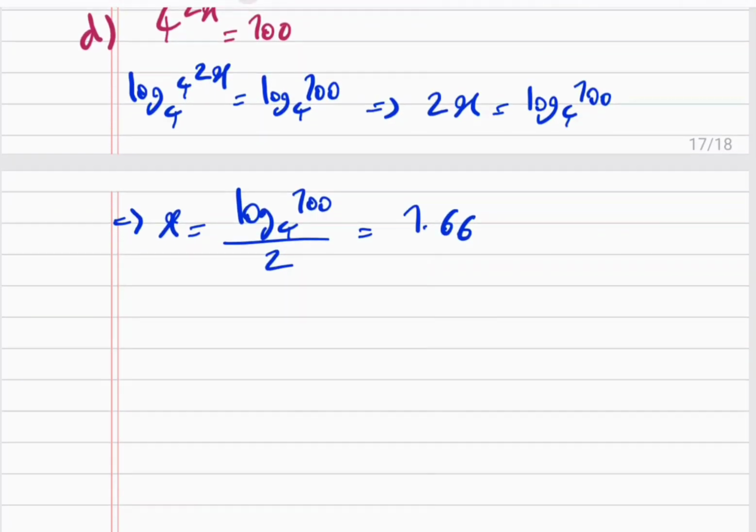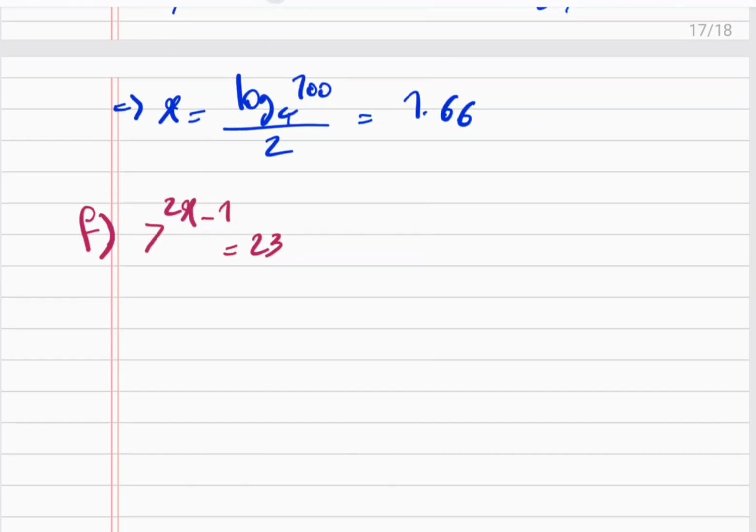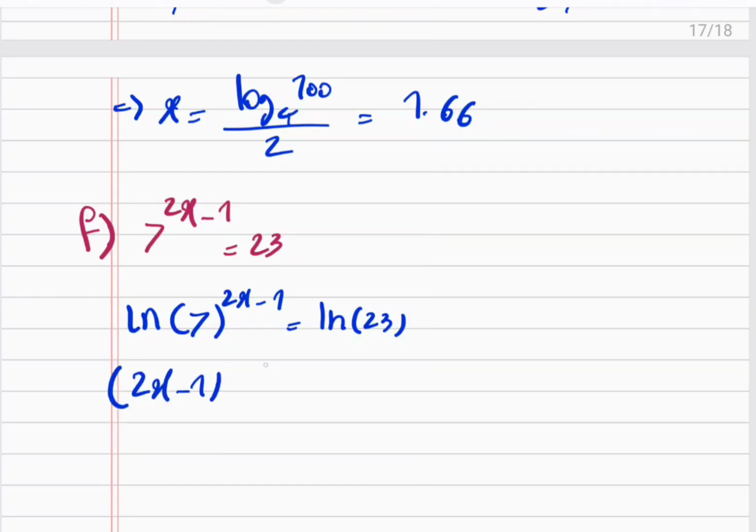Now for F, we have 7 to the power of 2x minus 1 is equal to 23. Again, we take logs of both sides. Just to show you that it doesn't make a difference, I'm going to take the natural log of both sides. So we'll have ln of 7 to the power of 2x minus 1 is equal to ln 23. The power can be written outside as a coefficient of the log, so 2x minus 1 times ln 7 is equal to ln 23.